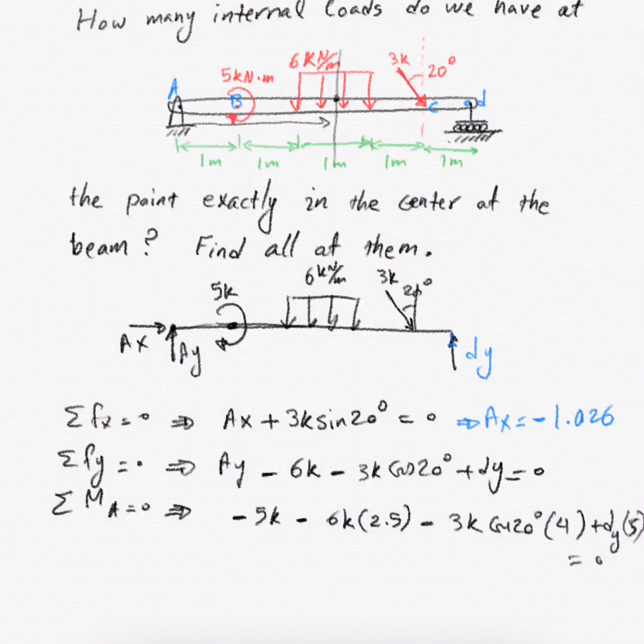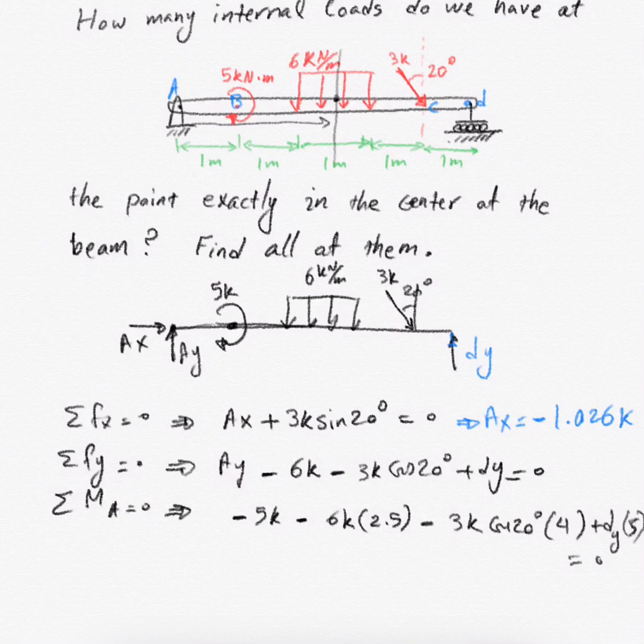Don't forget, if you want to end up with 3 significant digits, you have to keep 4 digits in your computation, so that you get rid of truncation error, then round to 3 significant digits. So you have negative 1.026K.